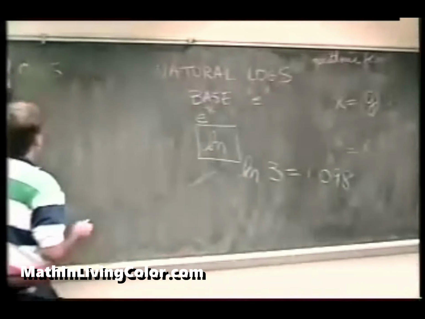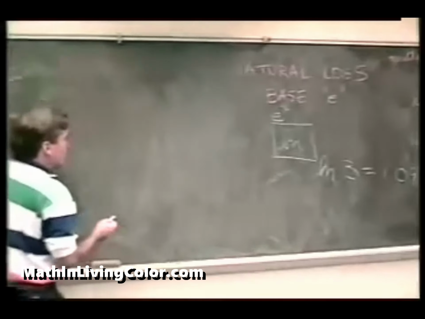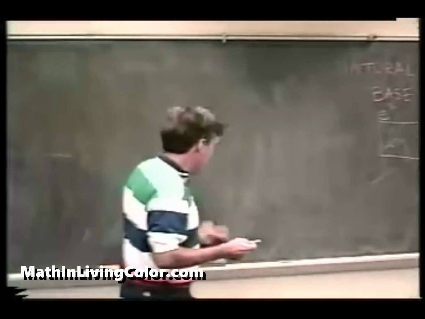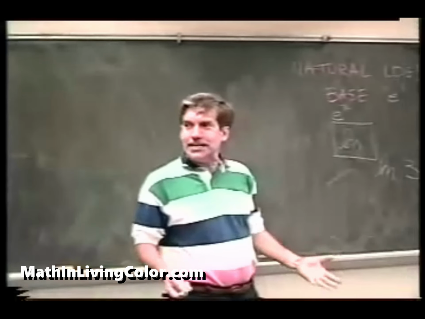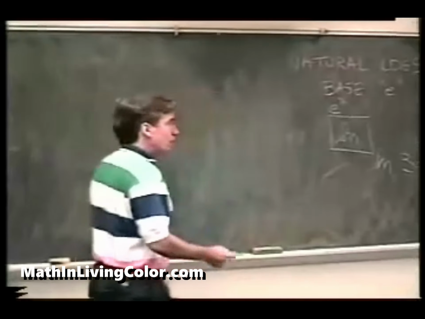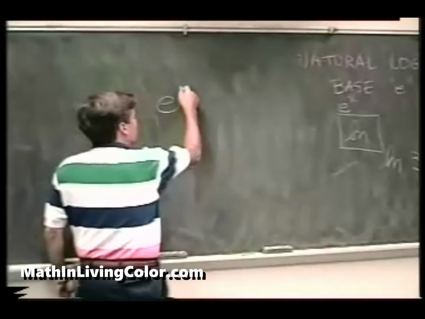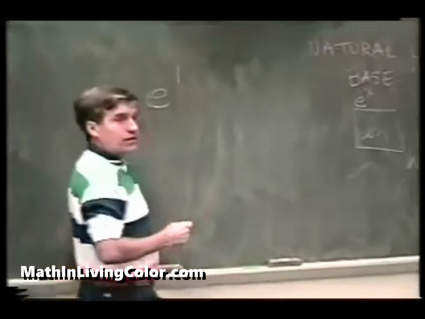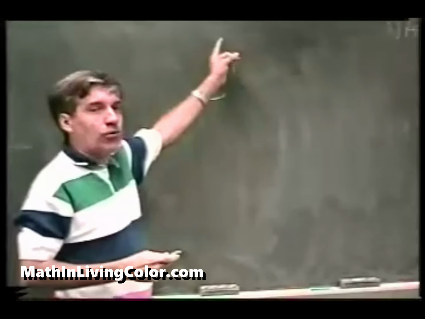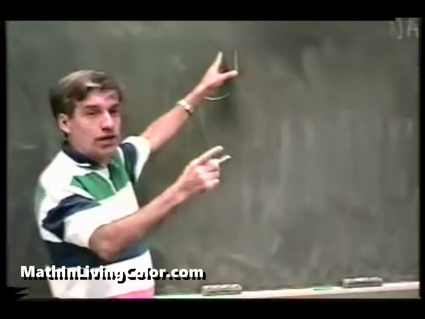Now, I want to calculate the value of e. We've been talking about e to the x all this time, and I've never bothered to figure out what e is. What we have to do to get e to a power is start off with 1. If you want e to a power, give the calculator a 1.